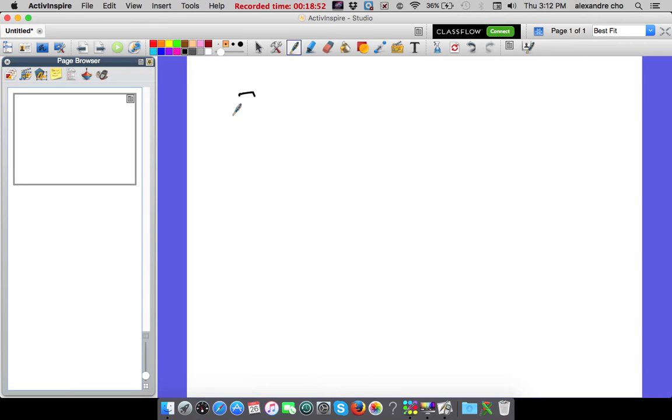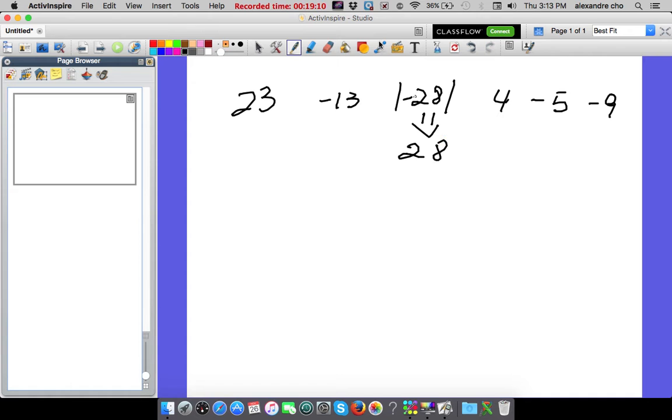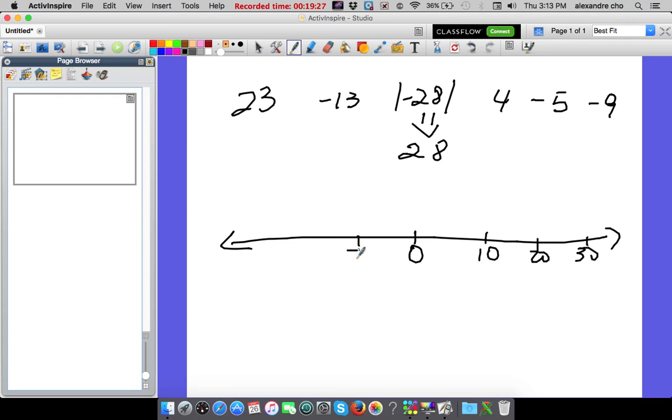Number 10: order the integers from least to greatest. 23, negative 13, absolute value of negative 28, 4, negative 5, negative 9. First thing we have to do is find the absolute value of negative 28, which is 28. Now you can easily find, and you can put them on the number line if you want. The numbers are quite spread out, so let me do something like this: 10, 20, 30, negative 10, negative 20, negative 30. 23, positive, is about here.